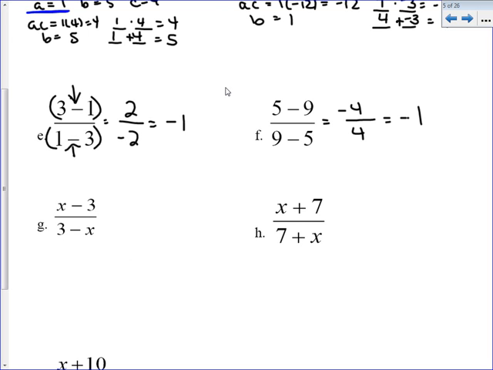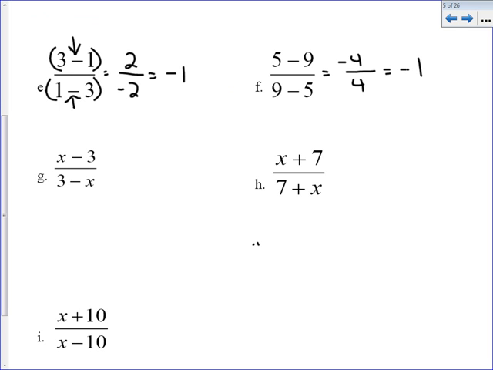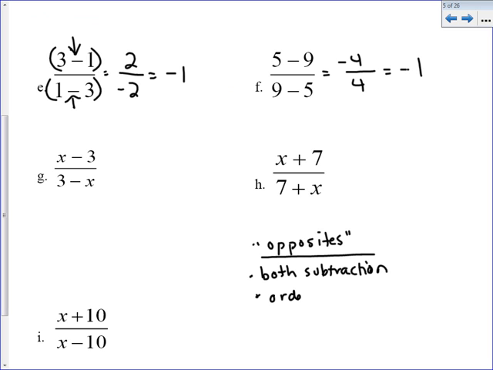This creates what we call opposites. Opposites are factors that are both subtraction but the order of terms is reversed.